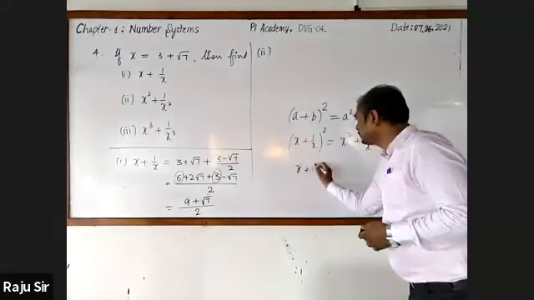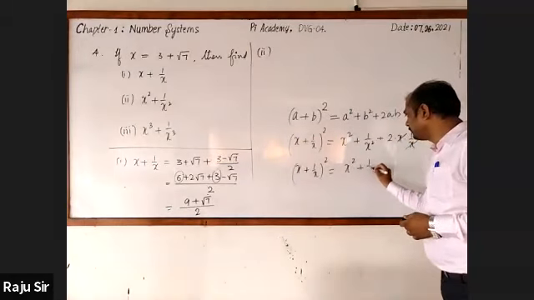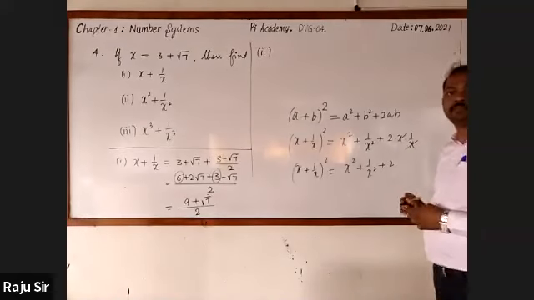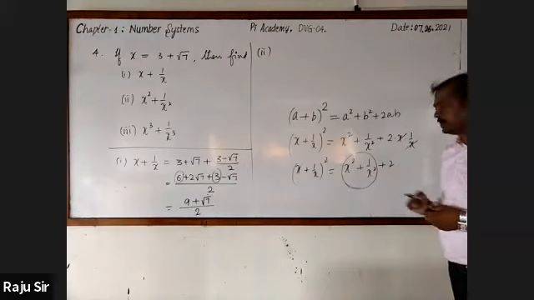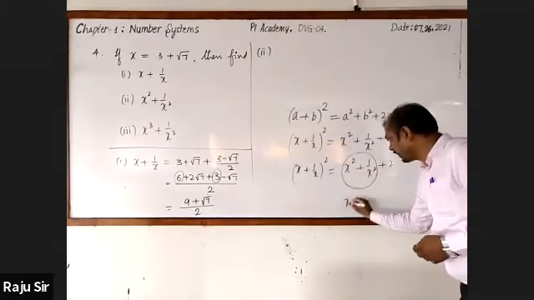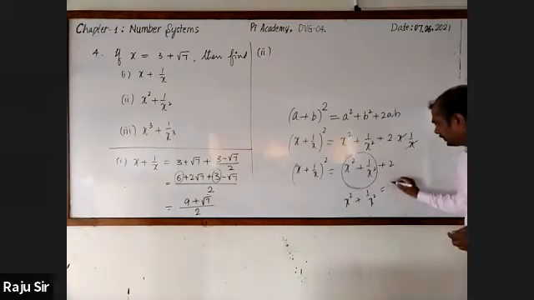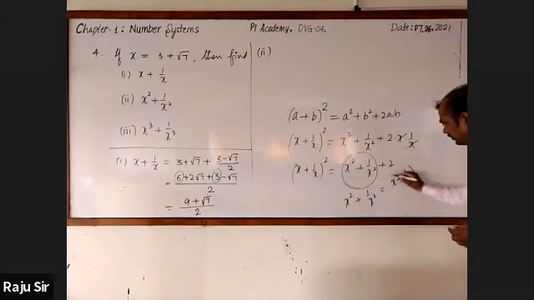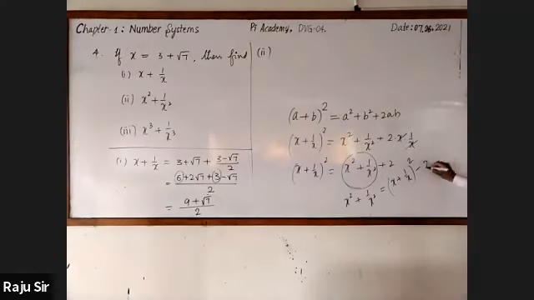Now, x plus 1 by x whole square is equal to x square plus 1 by x square plus 2. We want the value of this. Can we write x square plus 1 by x square is equal to x plus 1 by x whole square, transfer 2 to the left hand side, minus 2.